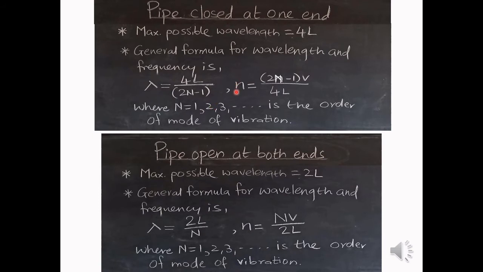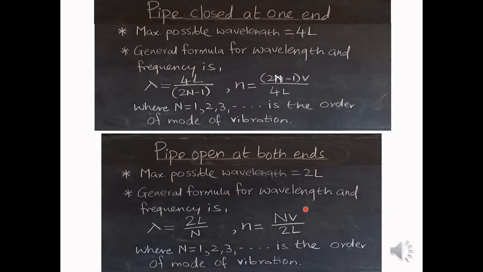The frequency small n is equal to (2N minus 1) multiplied by V divided by 4L. Here it should be capital N. By mistake I have written small n there, so some overwriting is there. It is capital N. Again, N is the order of mode of vibration.